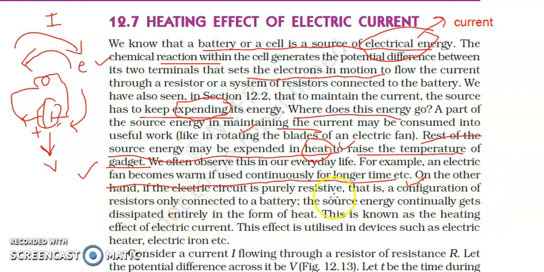if the electric circuit is purely resistive, that is, a configuration of resistances is connected through a battery, the source energy continually gets dissipated entirely in the form of heat. It means the more the number of resistors, the more heat will be expelled.